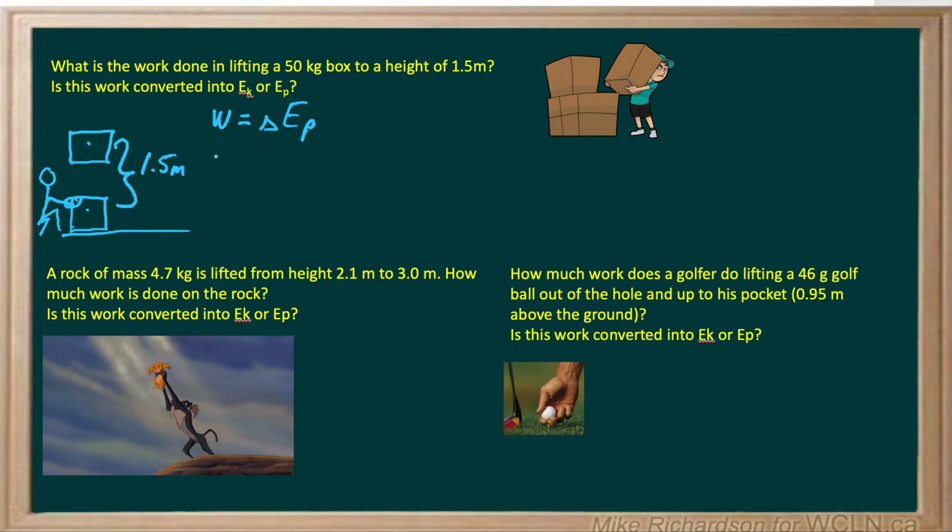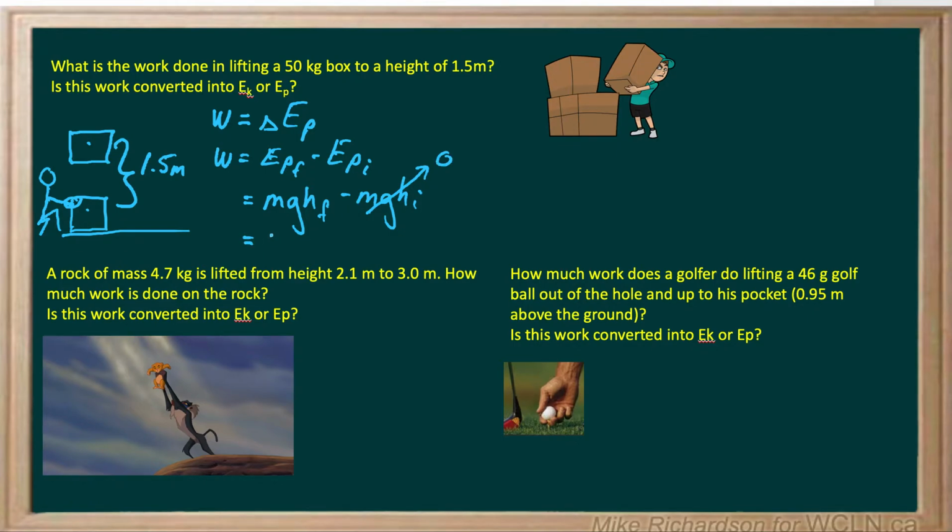Now just remember, change in anything in physics is always final potential energy minus initial potential energy. And we've got an easy formula for potential energy. It's just mgh. So this would be mgh final minus mgh initial. Now we're starting at the ground, so my initial height was 0 and my final height was 1.5.